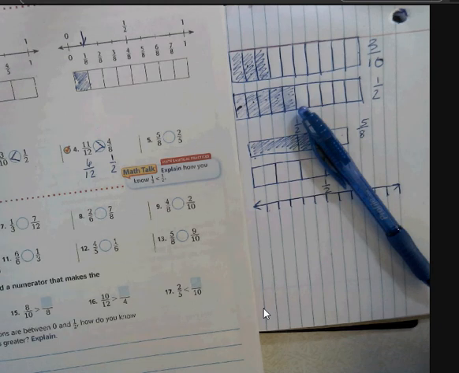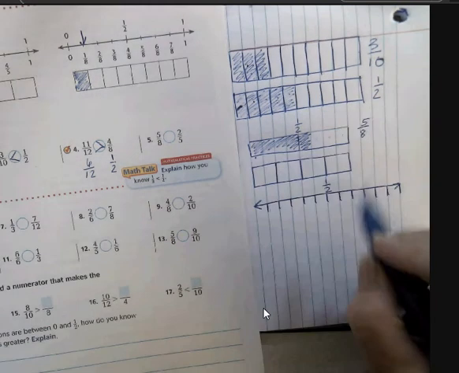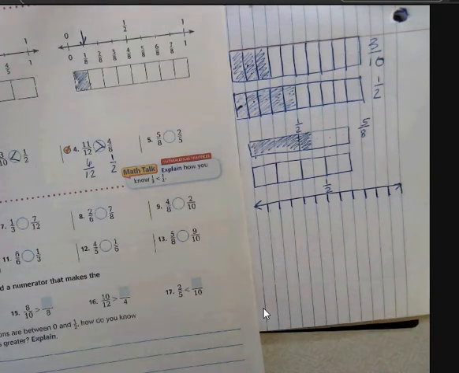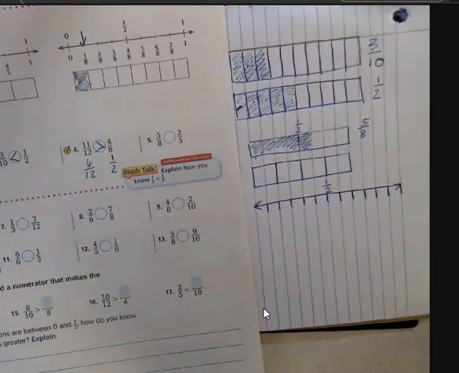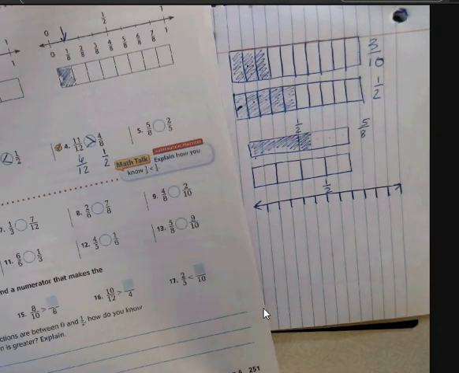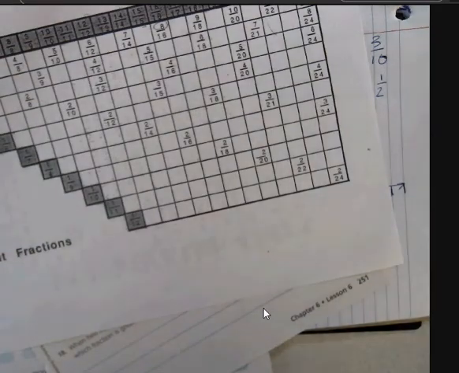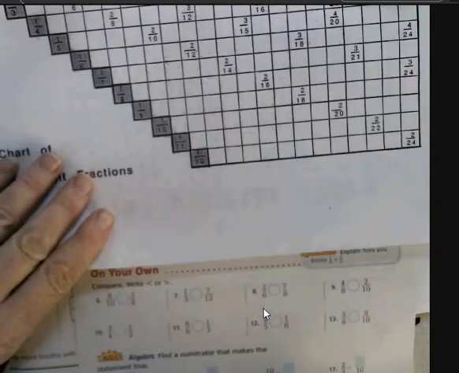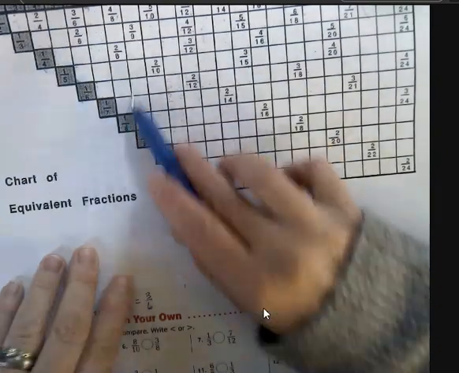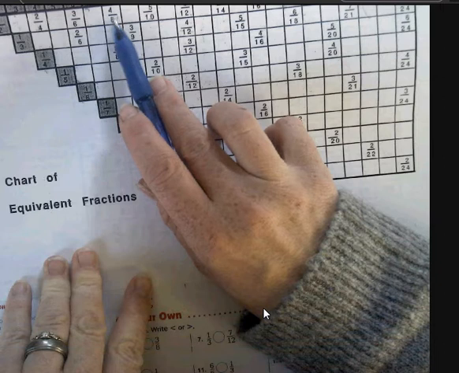Let's look at pieces. If I have fifths and I have eighths, I have to think about what size these pieces are. So I'm going to pull out my fraction pieces and see. I need to figure out 5/8. When I look at my eighths, 4/8 is a half.